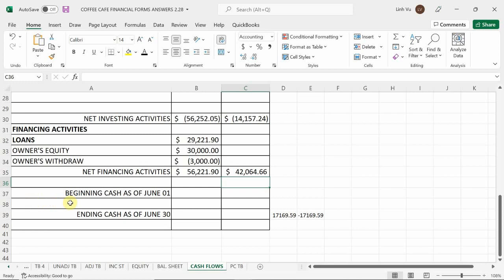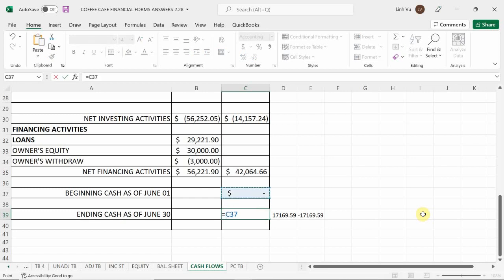All right. So then now we need to look at how much money I began my bank with, right? As of June 1st, I had $0. However, what is my ending balance? So this is where I need to test this, okay?